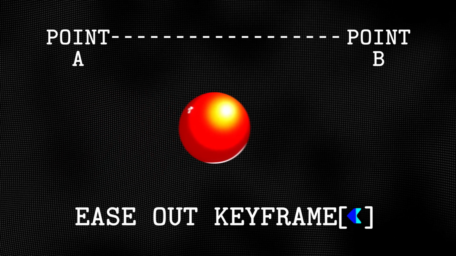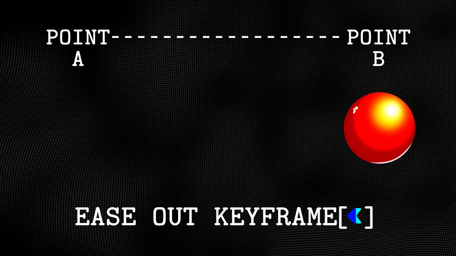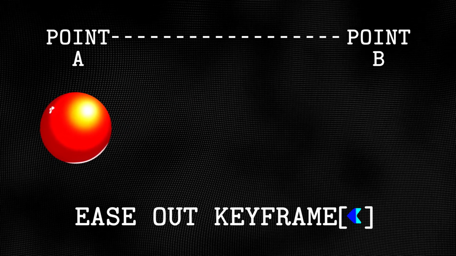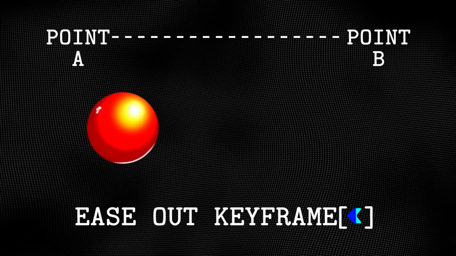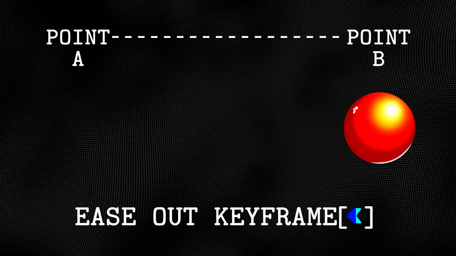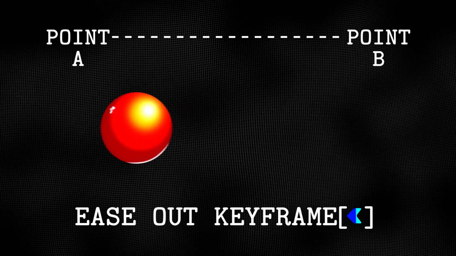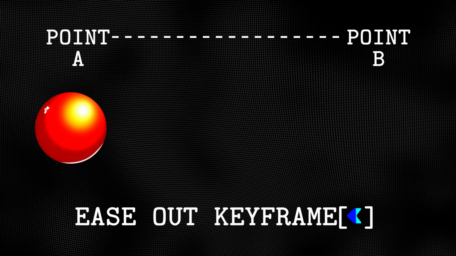So what they do is they start slow and end with a bang. Like as you can see, from point A to B is starting slow at A and going kind of quick at the stop, at the B stop.